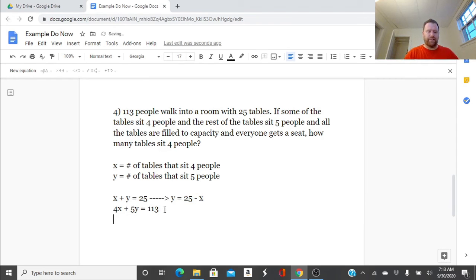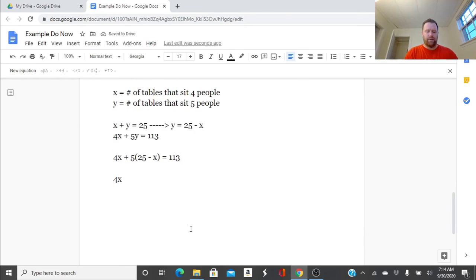So I'm going to rewrite this equation. 4x plus 5 times 25 minus x equals 113. All right, now I'm going to distribute the 5, meaning I'm going to multiply it by 25 and the negative x here. And when I do that, I'm going to get 4x plus 125 minus 5x equals 113.